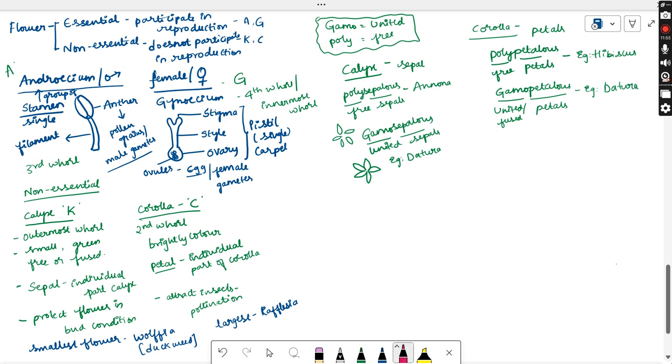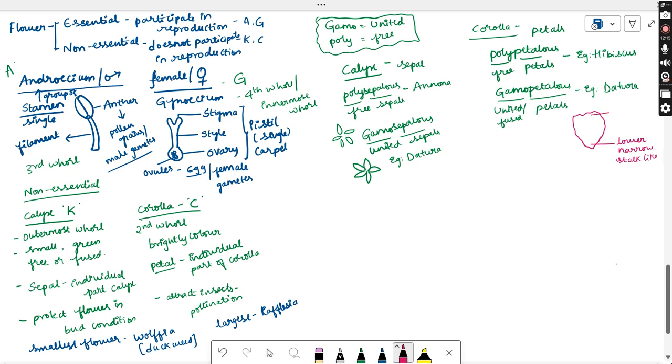And we have one more point. If you just observe this petal or the individual part of this corolla, these petals will be having the two ends. One end which is at the lower, that is narrow end, and it is a small stag-like structure.